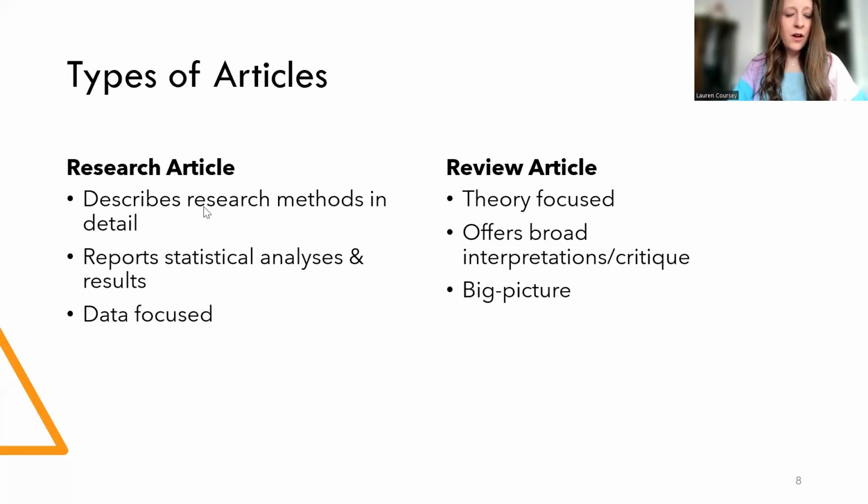A review article, on the other hand, is going to discuss a theory or an area of interest in the field with great detail, broadly summarizing the results of multiple studies and offering interpretations and critiques of past research. So review articles are great when you want a big picture understanding of a theory or concept, whereas research articles are essential for understanding the actual evidence or data.